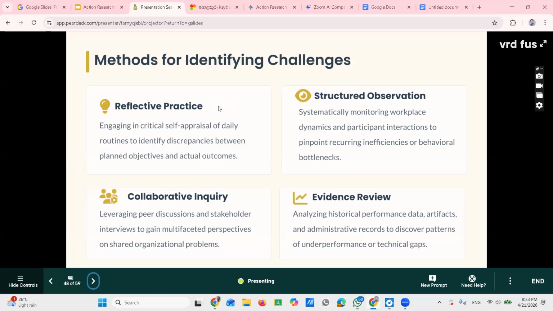Another way of identifying a problem is structured observation. You can observe your classroom while teaching and learning are taking place. This observation you can do directly as well as indirectly.